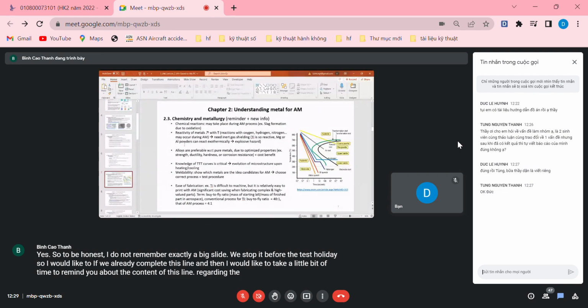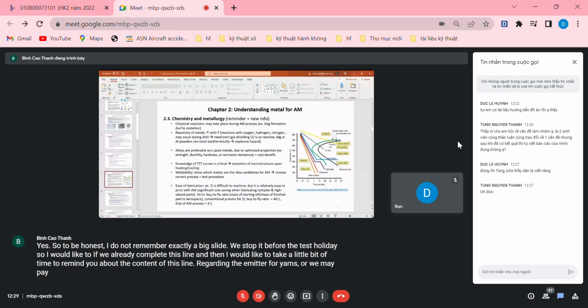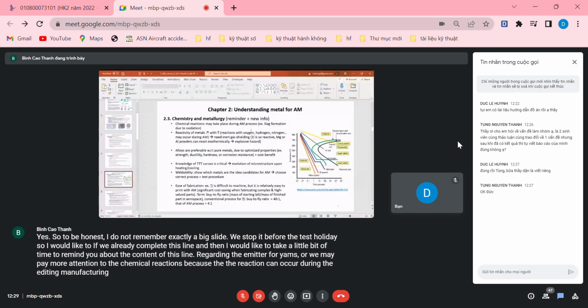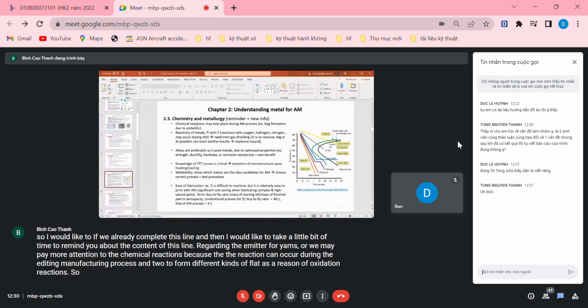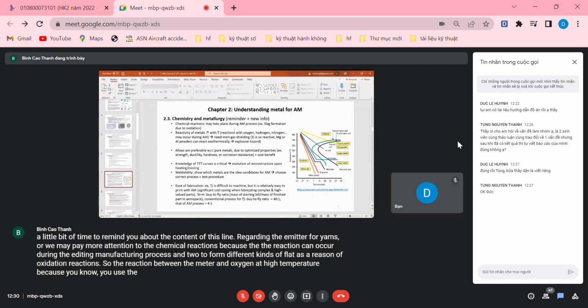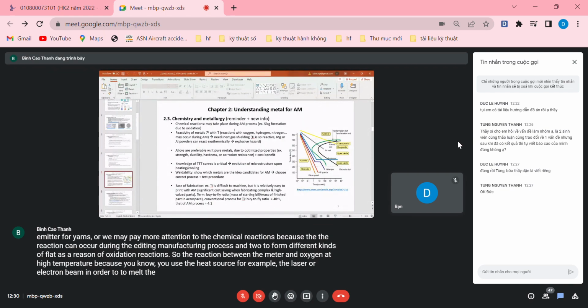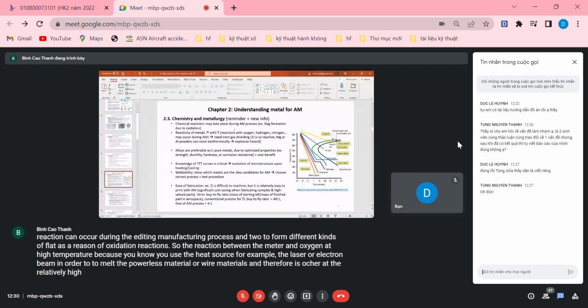Regarding the method for EM, we may pay more attention to the chemical reactions, because reactions can occur during the additive manufacturing process and form different kinds of slag as a result of oxidation reactions. This is the reaction between the metal and oxygen at high temperatures, because you use a heat source, for example a laser or electron beam, to melt the powder or wire materials, and therefore it occurs at relatively high temperatures, the melting temperatures of the materials.